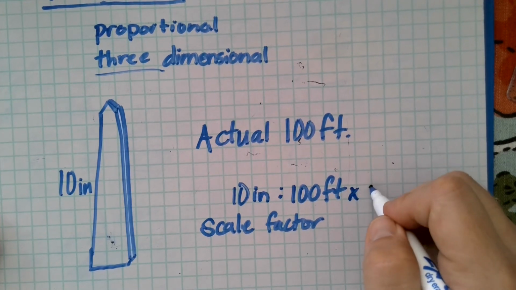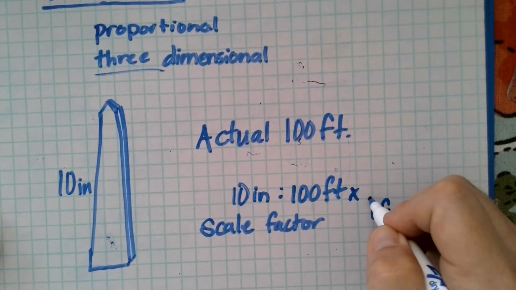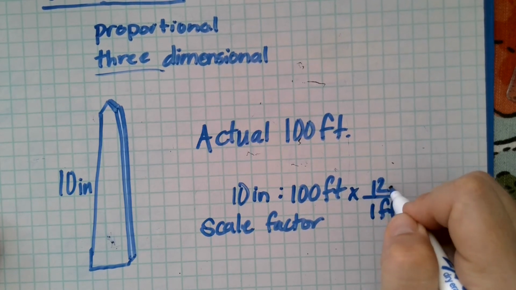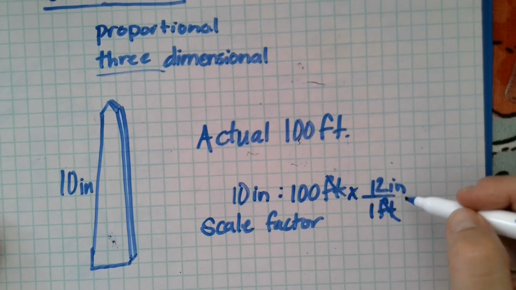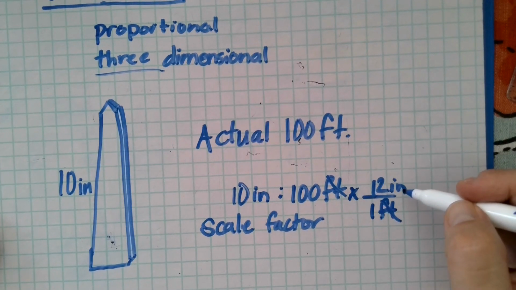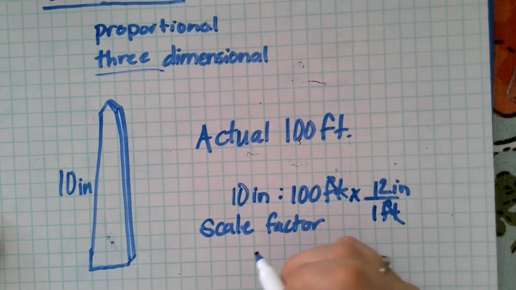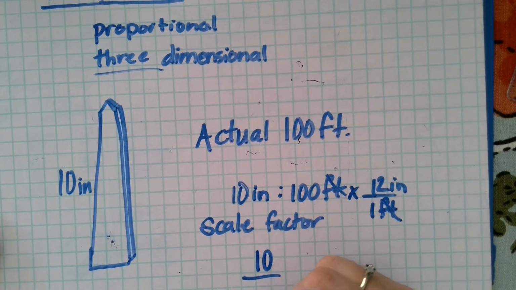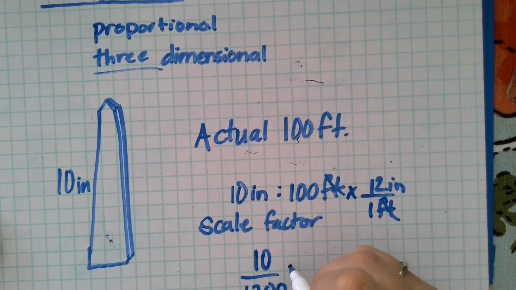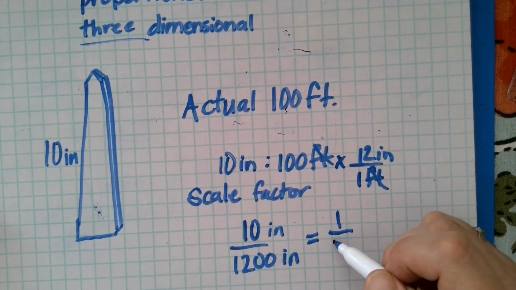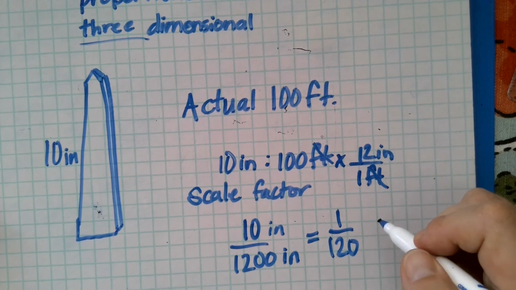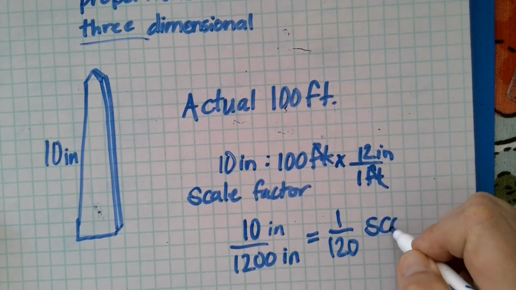So our conversion factor would be 1 foot is equal to 12 inches. Top and bottom, our units are going to cross out, and we end up with 1,200 inches. So we would have 10 over 1,200. And both of these are inches. Now we can simplify it even further and say it's 1 over 120. And this is our scale factor.